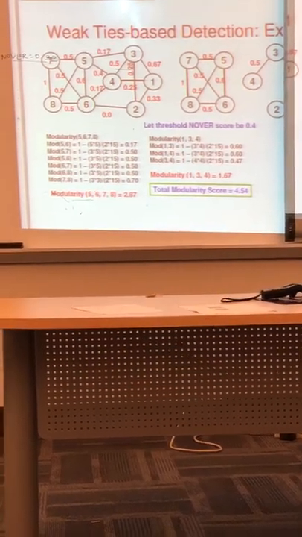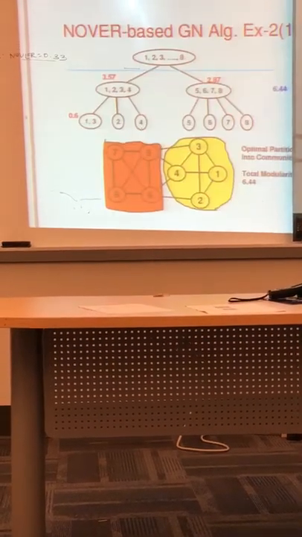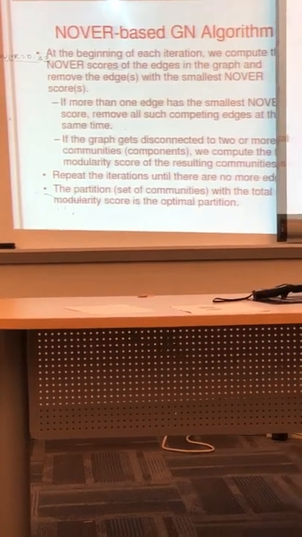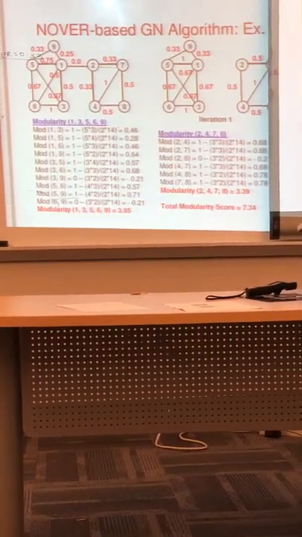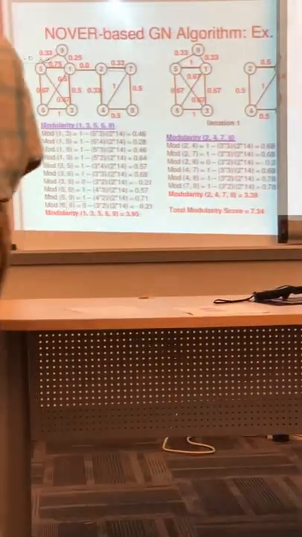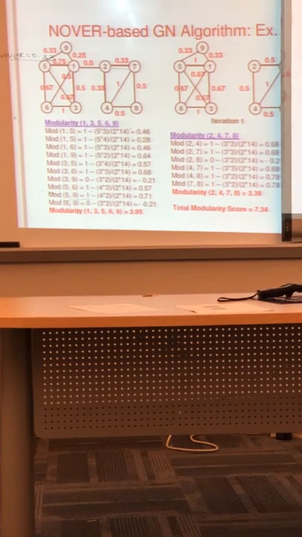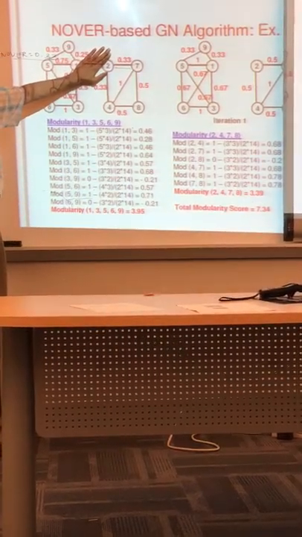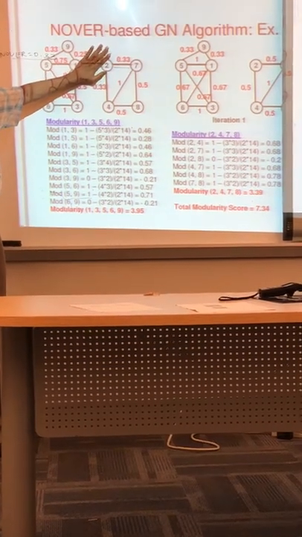So what does an edge with a lower neighborhood overlap score indicate? Like in this graph, for example, the edge with the lowest neighborhood overlap score is 1, 2, 0.0, right? And we removed this edge, it actually broke the graph into two communities, right?